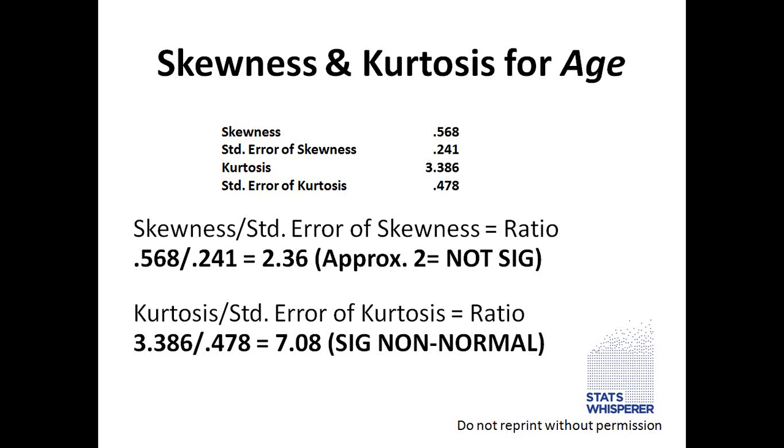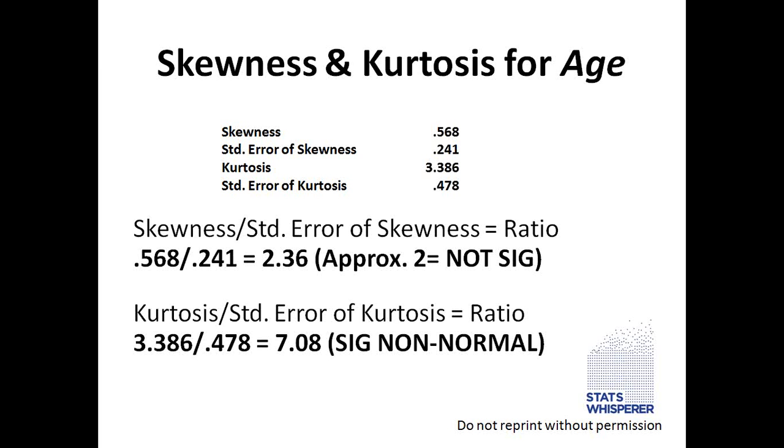So it's not appropriate for regression analysis because the distribution is significantly non-normal, specifically in terms of the kurtosis, right? The dispersion, where it sort of looks like a half circle.